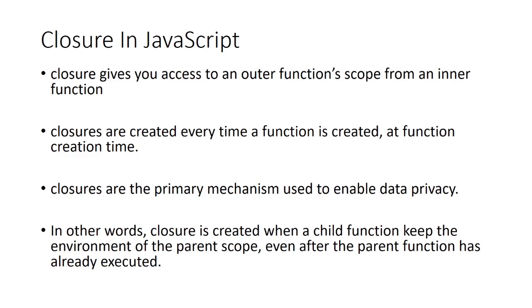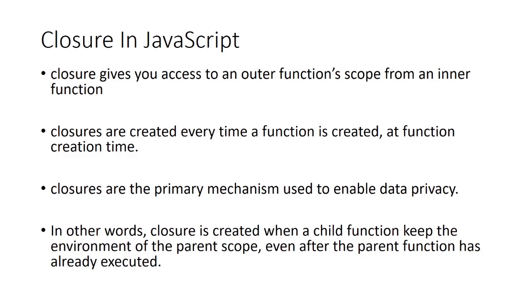Also, a primary mechanism is to enable data privacy. Data privacy means the outer function's variables we can only access inside an inner function. So that is nothing but data privacy. Even if we create some object in JavaScript using a function constructor, we can only access those members inside our member functions. So there also closures come into the picture, and we can have data privacy using these closures.